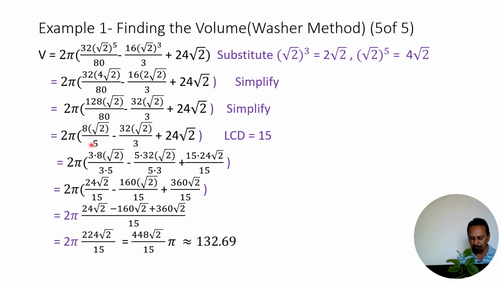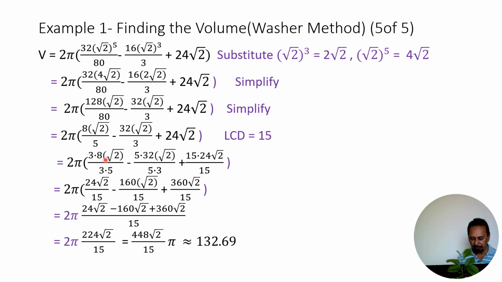Now we find the LCD, which is 15. So here we multiply 3 on the top, 3 on the bottom. Here we multiply 5 on the top, 5 on the bottom. Here we multiply 15 on the top and 15 on the bottom. So you have 3 times 8 square root of 2 over 3 times 5, minus 5 times 32 square root of 2 over 5 times 3, plus 15 times 24 square root of 2 over 15.